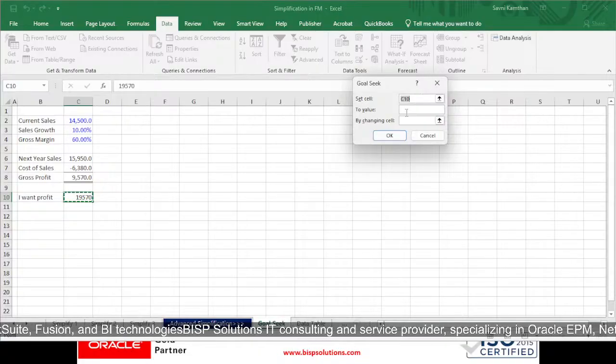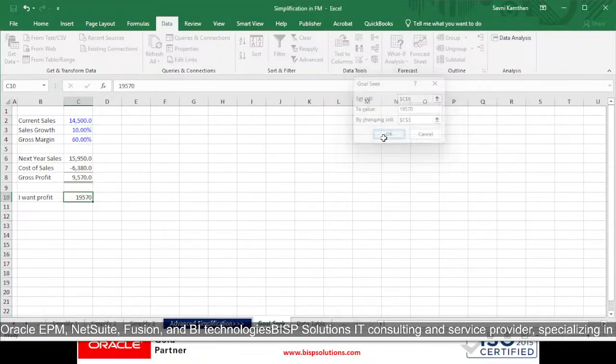Once I click my goal seek function, it is asking me for the set cell. So I set the cell, which is gross profit, to the value 19,570, and by changing cell is 10%.